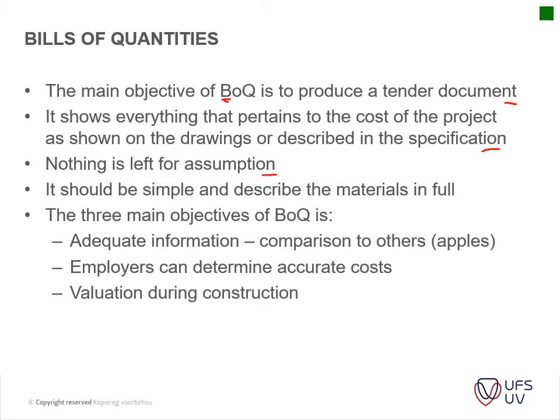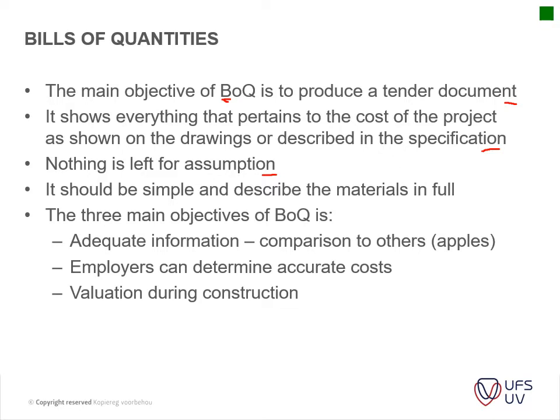So everything is measured. For instance, if there's formwork that has to be used whenever you're doing your concrete pour, and you've got a little bit of a chamfer at the edge on the sides of your concrete beams, that has to be described in your item so that the contractor knows how to price for that.